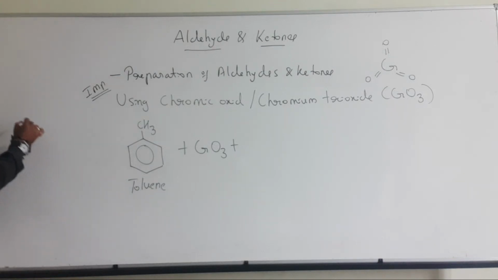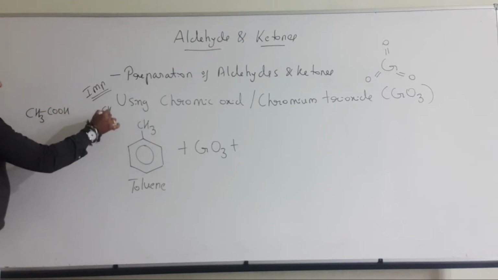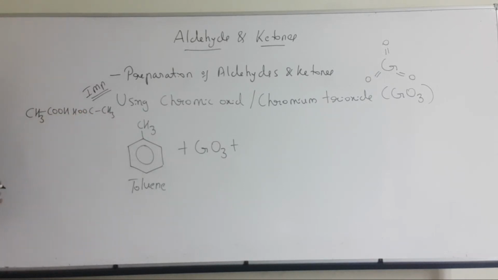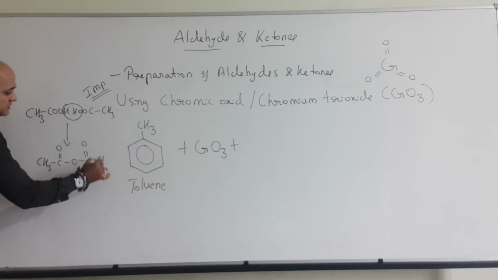Now, why is it called acetic anhydride? Because we have acetic acid. Okay? So, don't worry, this is not for your board exam. We have acetic acid. When they react with each other, when you provide the condition, there will be formation of CH3CO-O-CO-CH3.